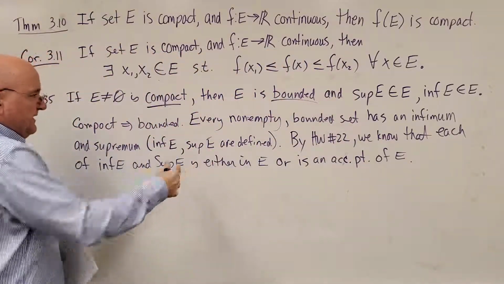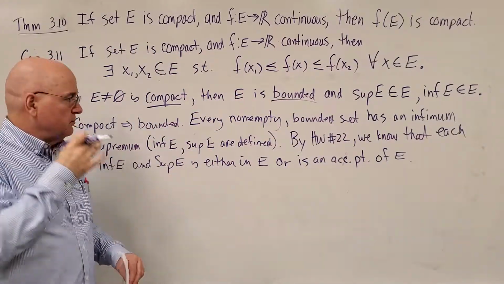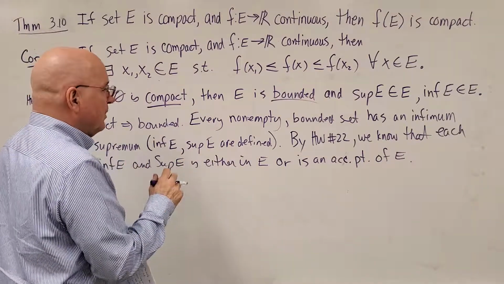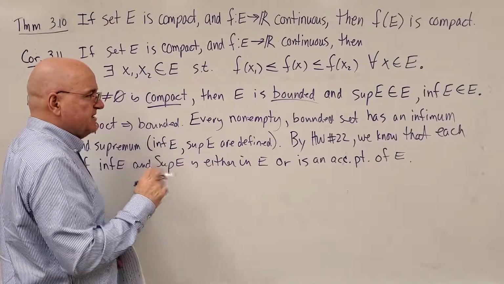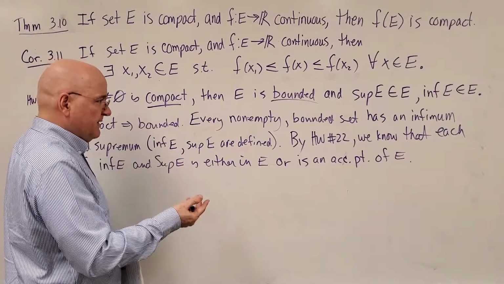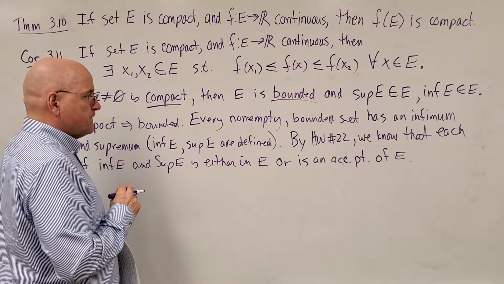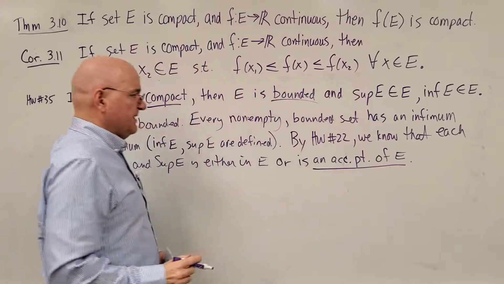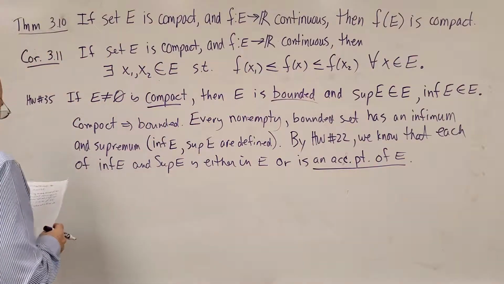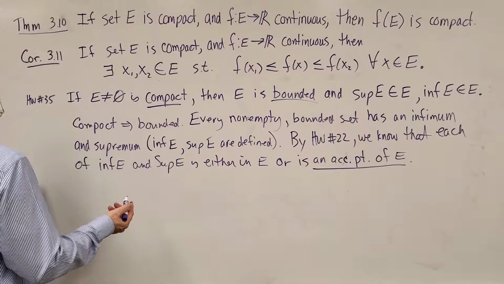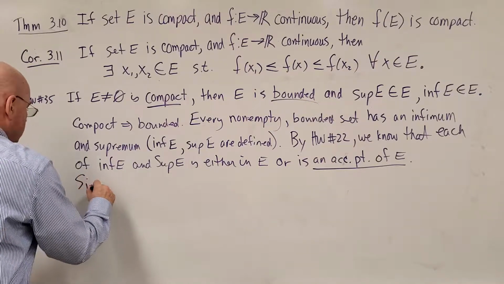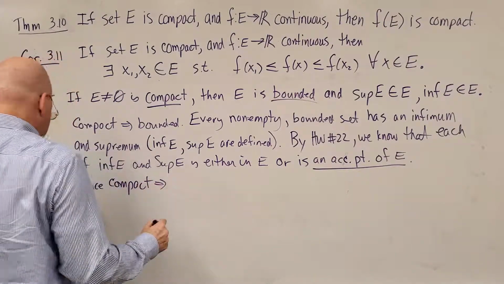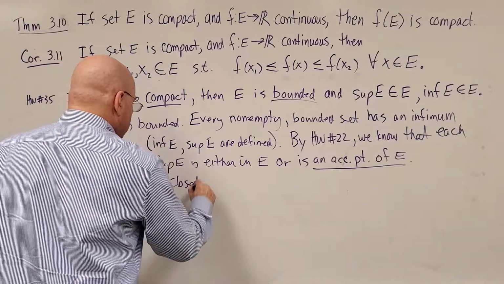Well, if they were both in E, we'd be done. So for the remainder of the proof, we're going to assume that it's an accumulation point of E. All right, so since compact implies closed, well, what does that mean?